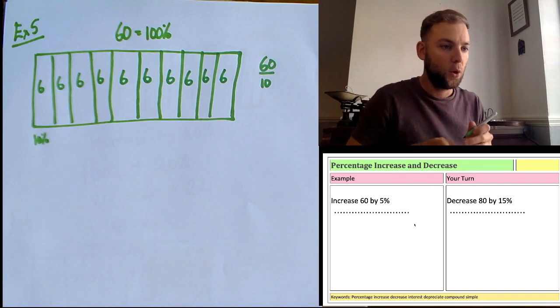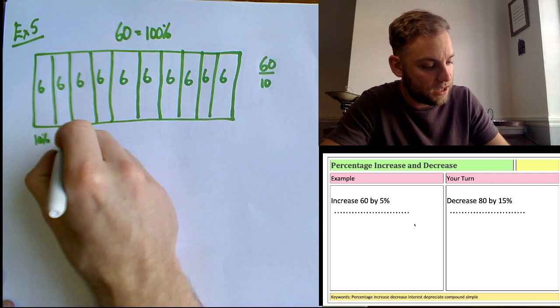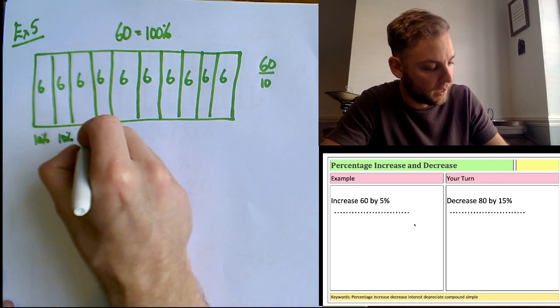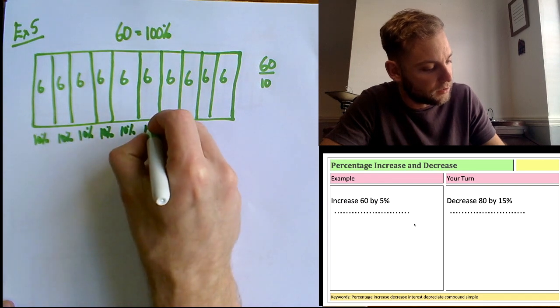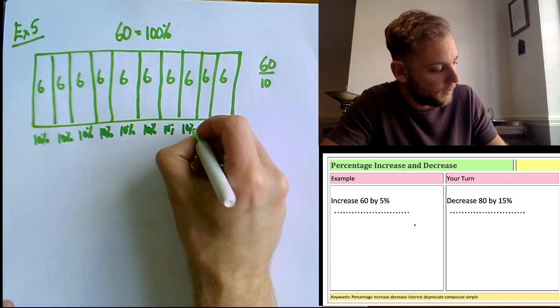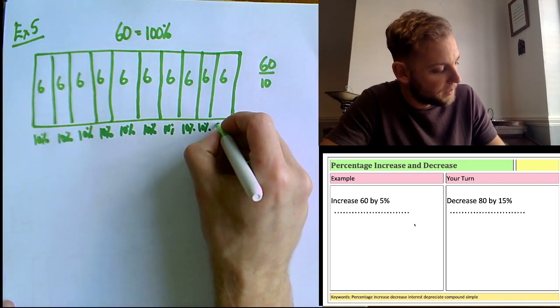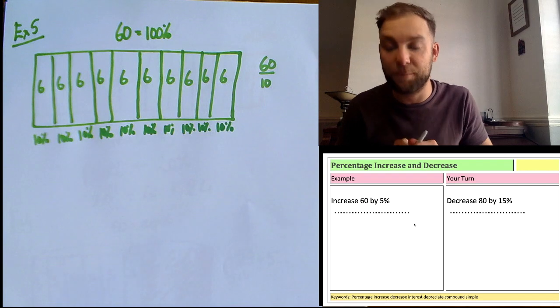Now, we want to increase by 5%. So we know each of these are worth the 10%. Every single one of these sections is worth 10%. But I don't want 10%. What do I want? I want to increase by 5%.